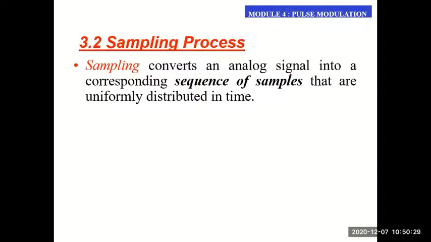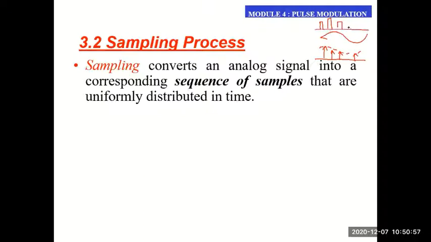So we are discretizing the x-axis. Any analog signal can be represented with a unique set of samples. Whatever the analog signal, I am representing it with a set of impulses, or I can also represent it with a set of pulses like this.